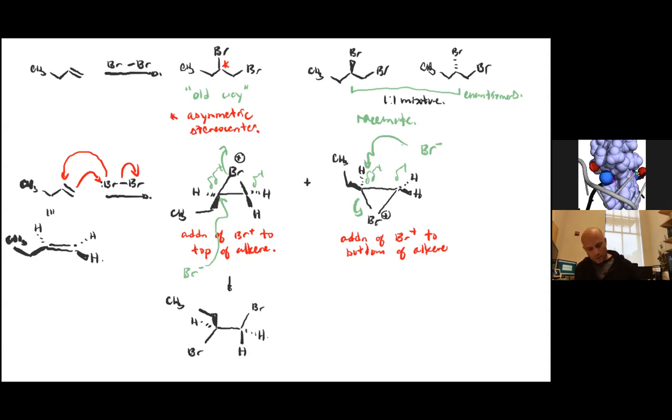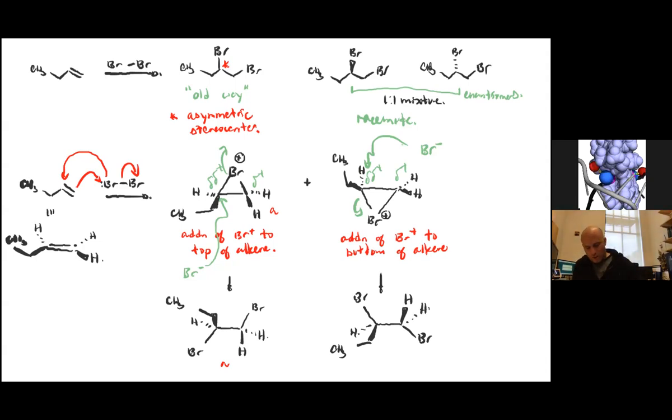Okay, again, we'll call these A and B just so we can keep track of everything. Call that A. And then over here, Br minus comes in from the top. Structures like that. Br minus is down, Br is down. Get a structure like that, okay?